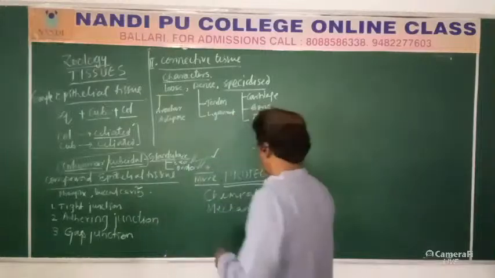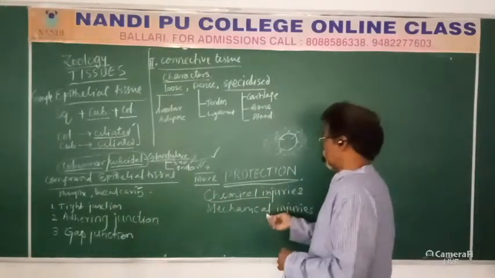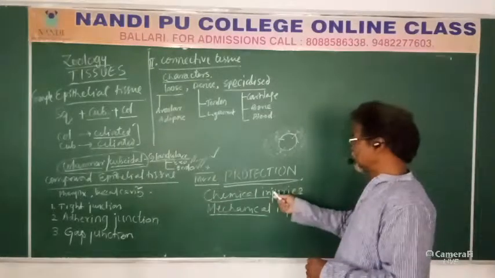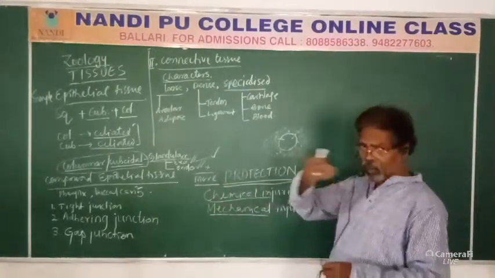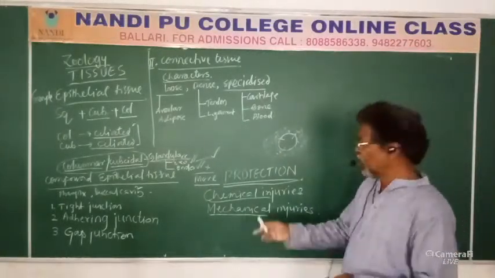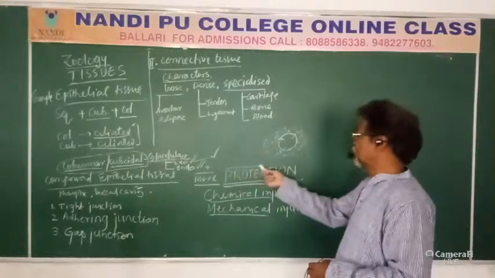Remember, chemical injuries or mechanical injuries will be avoided due to this, because they take that injury on themselves and the internal organs and structures are saved. So they have this type of protection function.